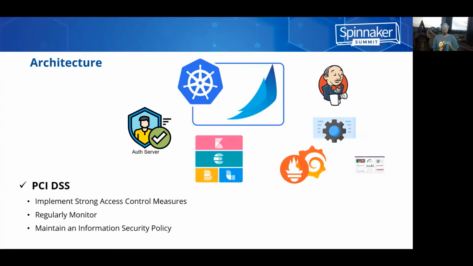So how are we looking in terms of PCI DSS? All these architectural changes have helped us achieve 3 more objectives of PCI DSS: the implementation of strong access control, regular monitoring, because we've integrated into the monitoring system, and maintaining an InfoSec security policy.